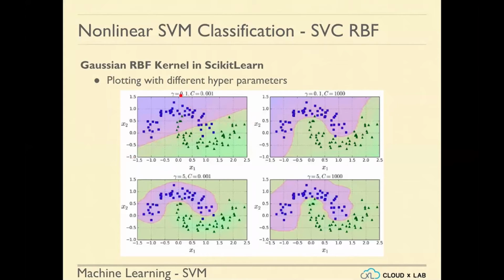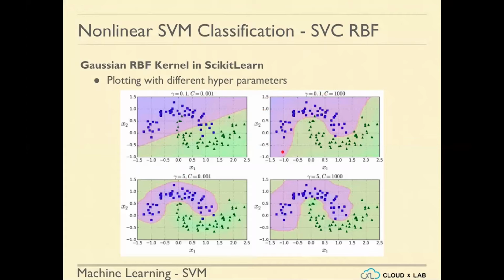But the moment we start increasing gamma, we are increasing the similarity functions. We are increasing the impact of RBF, therefore it starts to come up with this, okay? Now, in a similar way, if we also increase C, keeping the gamma the same, it further comes up with more nonlinearity.